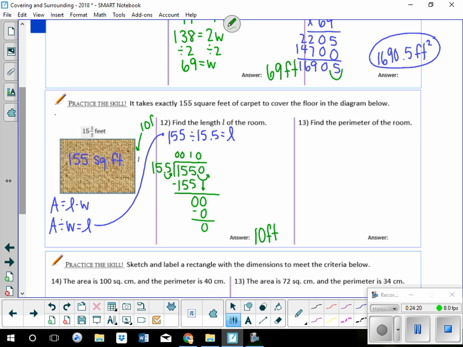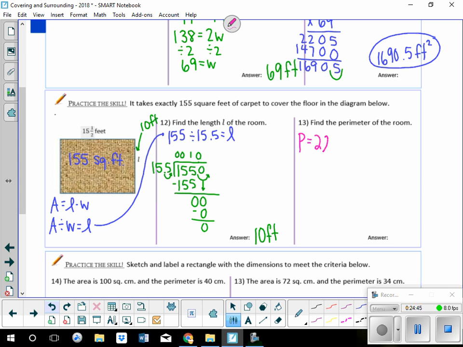So our next problem is to find the perimeter of the room. So we know that perimeter equals 2 groups of the length plus 2 groups of the width.